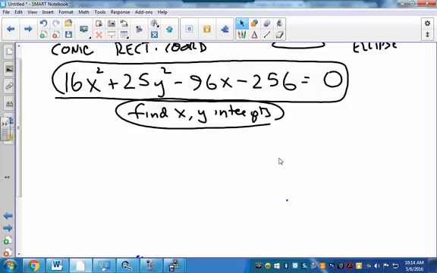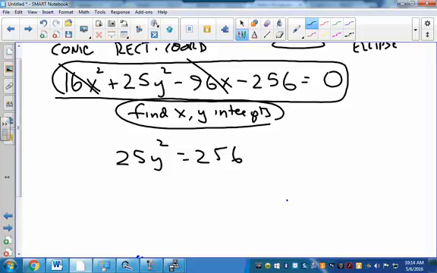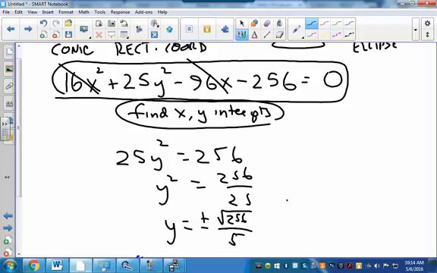Okay, so because there's only y's there, to find the y-intercepts, you just make x 0, which takes this out, and you get 25y squared is 256, or y squared is 256 over 25, or y is plus or minus the square root of 256 over 5. Is 256 a perfect square? Okay, so what is that? 16/5. Okay.